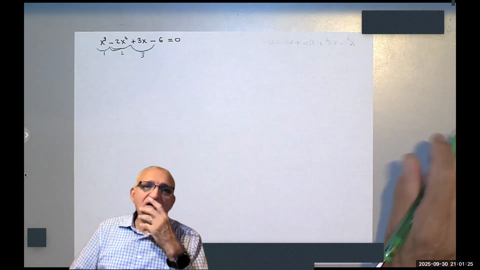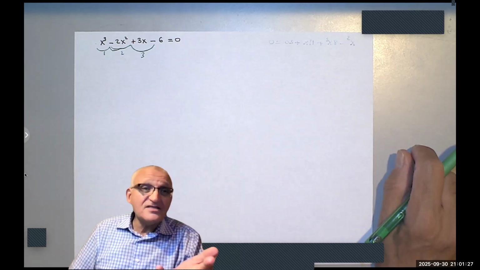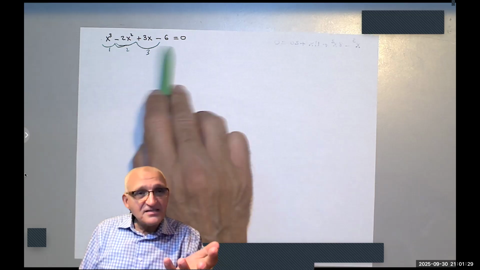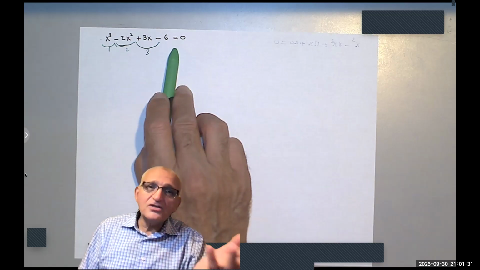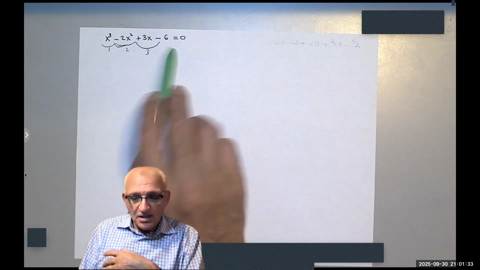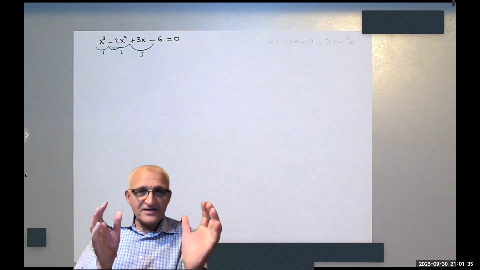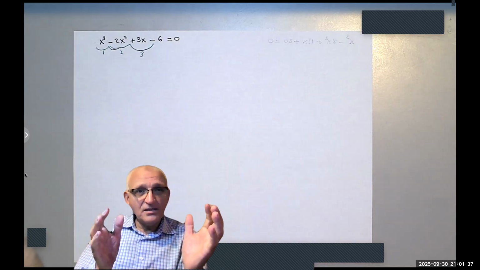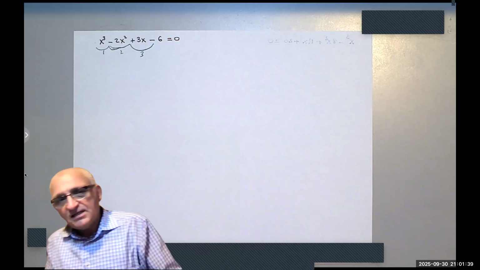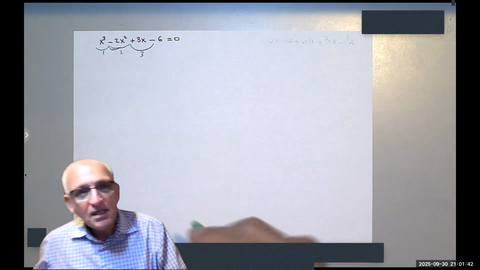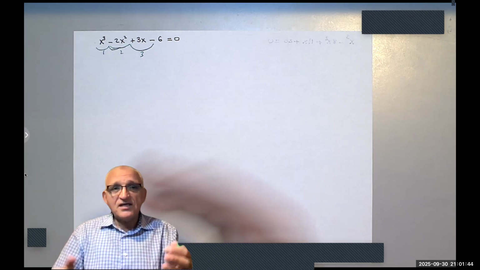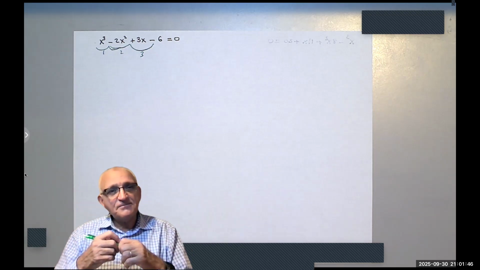So no, 1 is not an answer, because if 1 is an answer, you can divide this either by long division or synthetic division by the factor x minus 1, and you can reduce that to a quadratic equation that we can solve very easily.